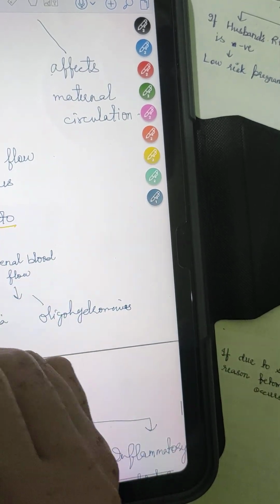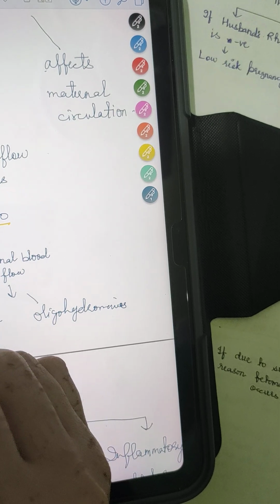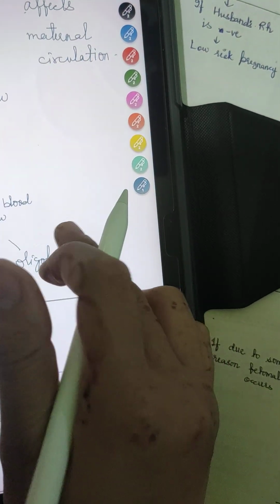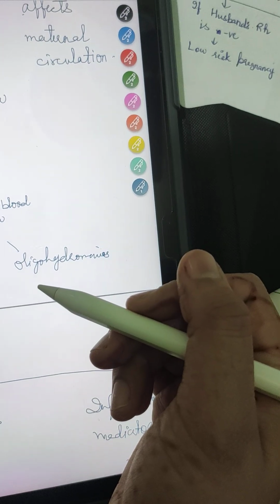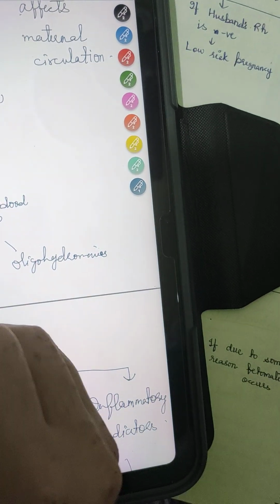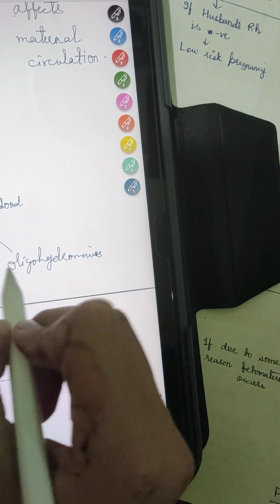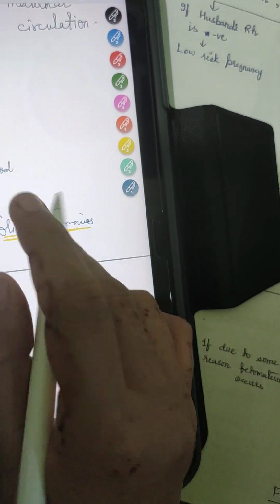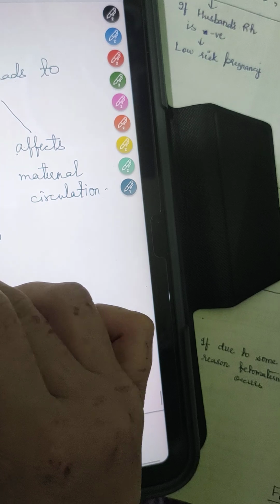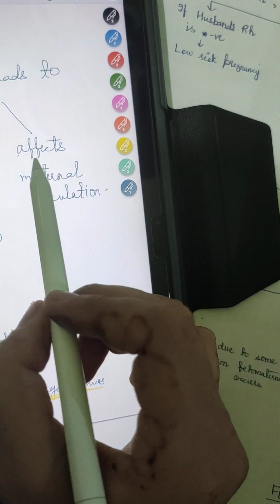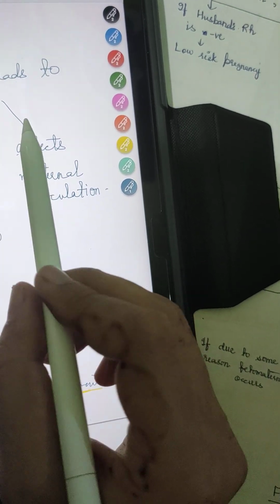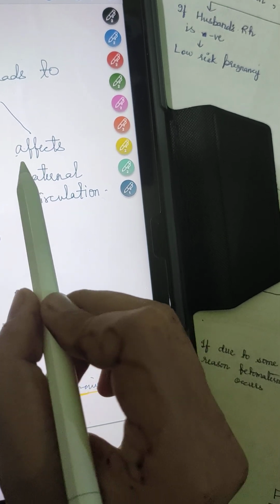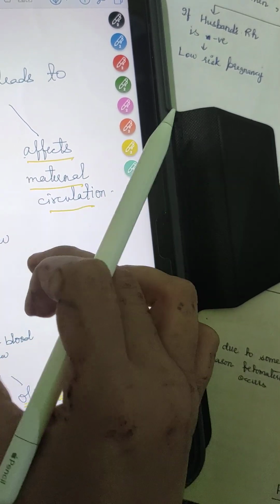This leads to IUGR, intrauterine growth restriction of the fetus, and decreased renal blood flow to the fetus, which leads to oliguria and oligohydramnios, decreased amount of amniotic fluid. This placental ischemia also affects the maternal circulation.